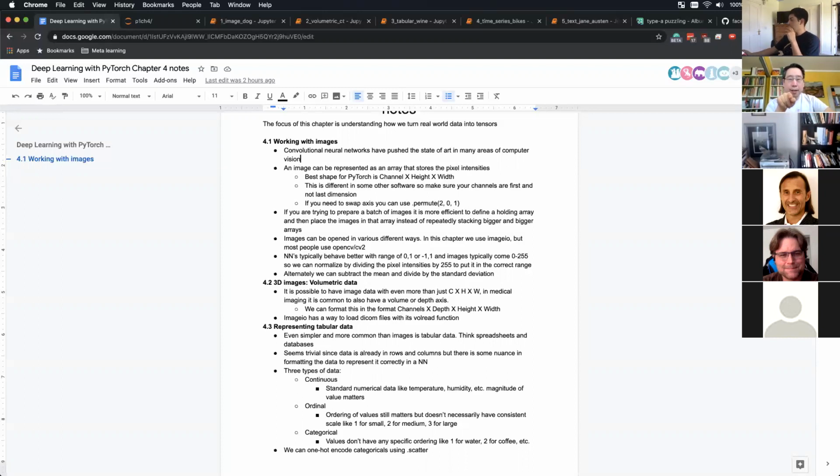If you have channels first and height and width as your last dimensions, then you're going to have 3 contiguous axes, and then the row below it is going to be separated. So if you have a 64 by 64 image, then it's going to be 64 later, and then the next row is going to be 128 later, but you'll have at least 3 contiguous axes.